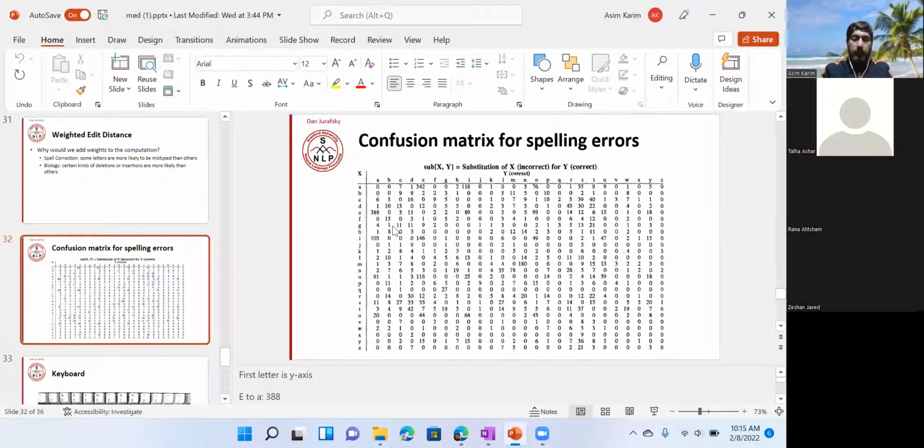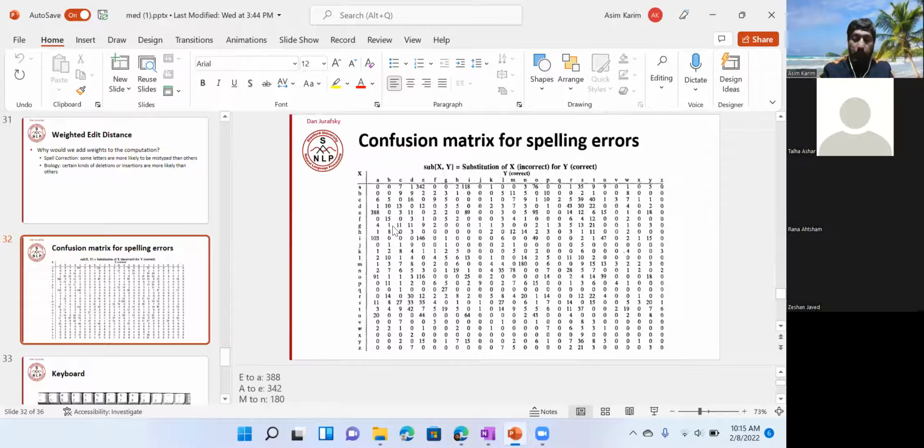So if the correct value was A and you incorrectly wrote it as E, the cost given is 388. So A was correct, but you had incorrectly written E there. And if you reverse it, then it is 342, if the correct was E and you had written A.